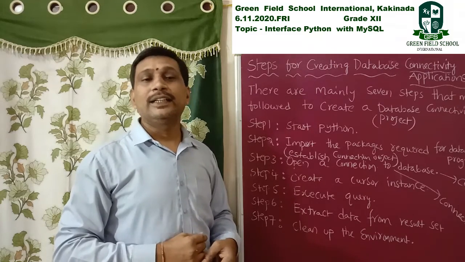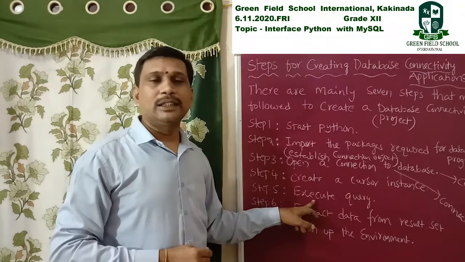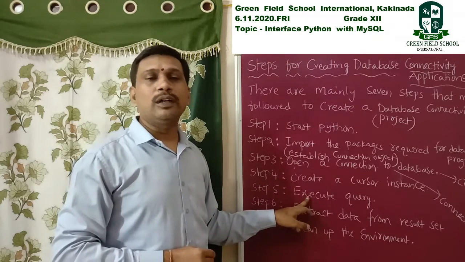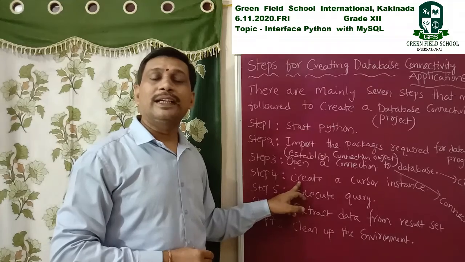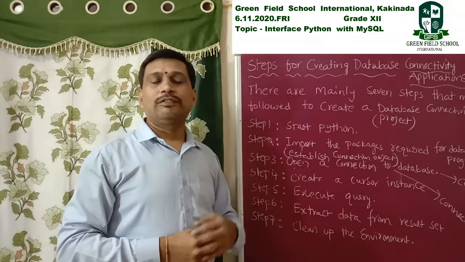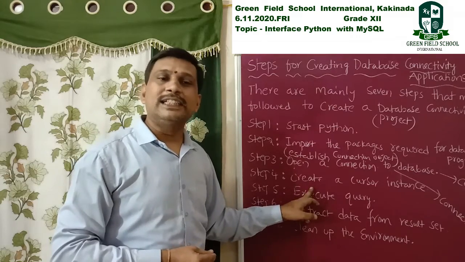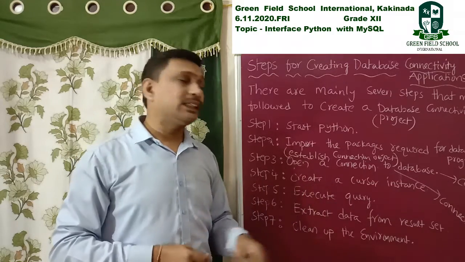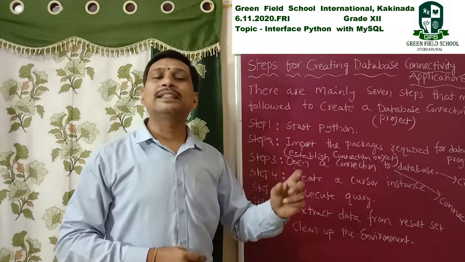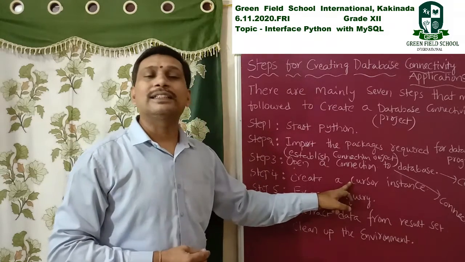When you execute a query in that database by using this connection object, the result set or output is presented directly from the server to the client. But here we place that result set in a temporary memory. That temporary memory is called the cursor instance. Here we create one cursor instance, so we place our result set in our cursor instance.